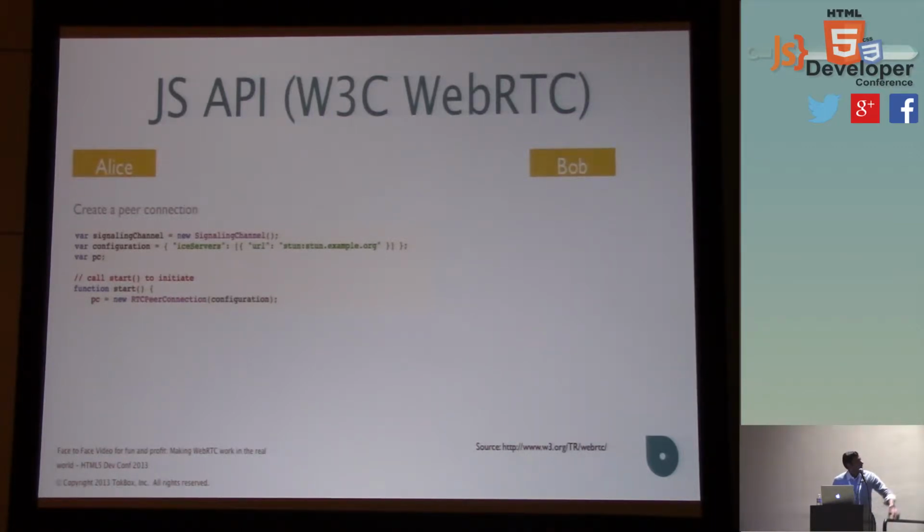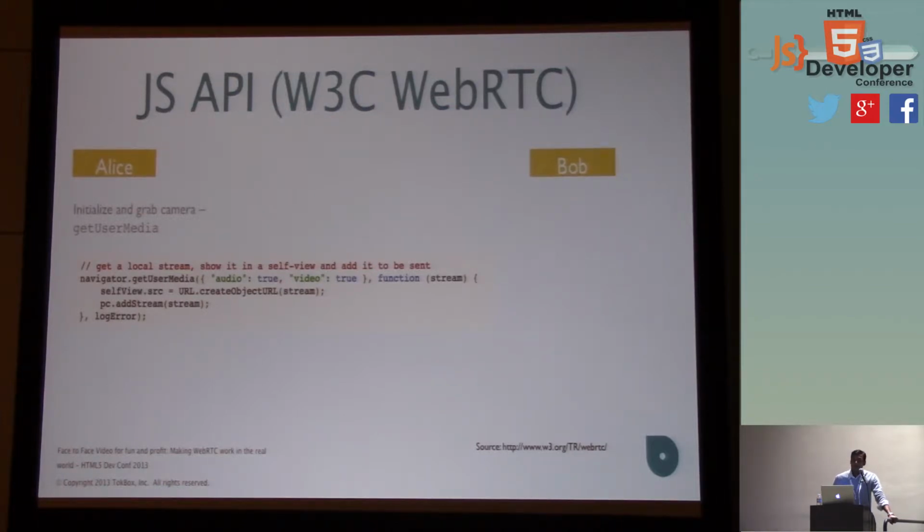Once you create a peer connection, you see some configuration information there where it says stun and stun.example.org. Let's just ignore that for now. I'll talk about that in the connectivity section. But for now, just assume that you're basically creating a peer connection object. And all of these are native WebRTC APIs, which browser vendors support.